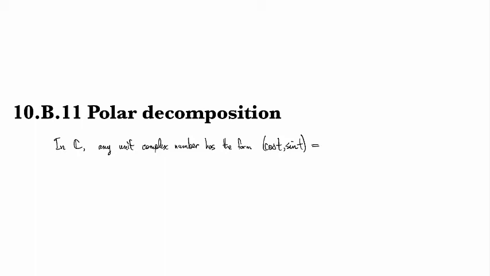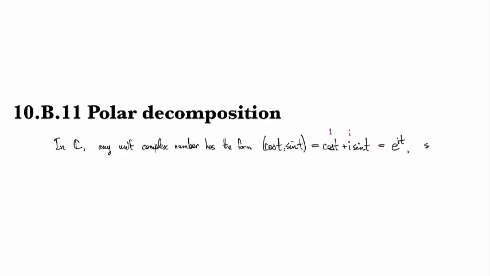However, in the complex plane, typically we write that as cosine t plus i sine t, where we're using the standard unit basis vectors 1 and i. And then by Euler's theorem, this is equal to e to the it, right?